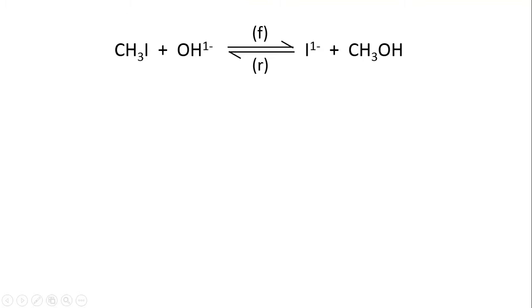So here are our 3 situations. The reactants on the left have the C-I bond intact. In the middle is the transition state, where the C-I bond is partially broken and the C-O bond is partially formed. These partial bonds are indicated by dashed lines.